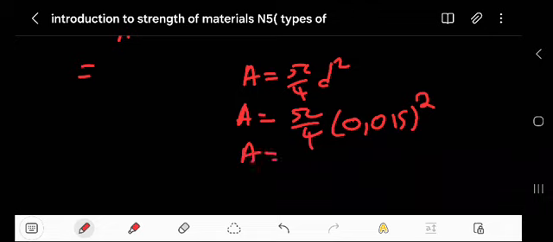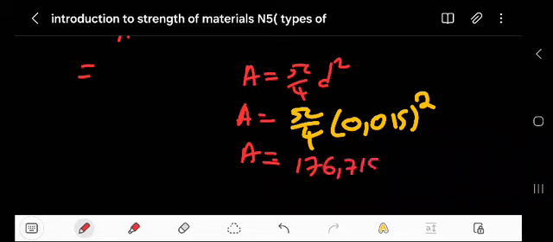Then do not forget to square. As you put it in your calculator, you are supposed to get 176.715 times 10 to the minus 6, measured in meter squared or square meter.